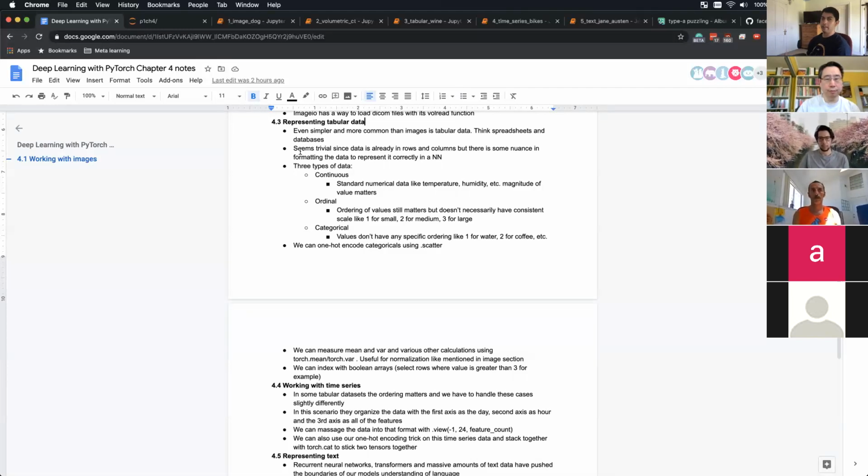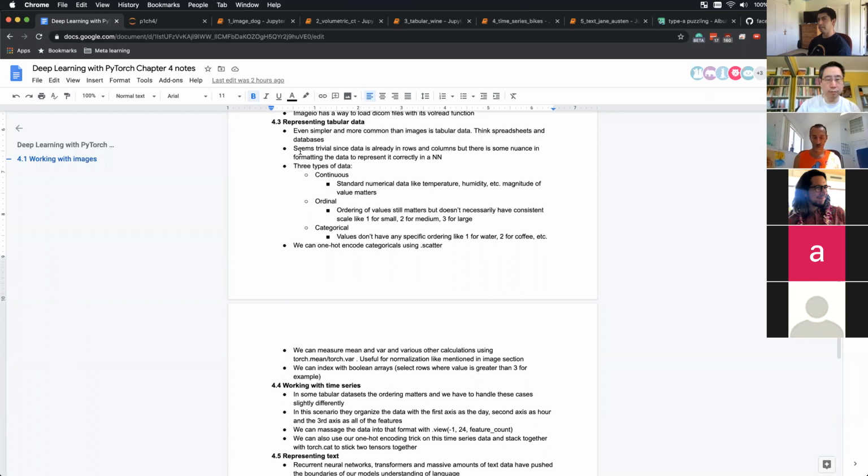And then you can have a true categorical, where these aren't on any sort of scale. They're just unrelated. The example they used was 1 for water, 2 for coffee, 3 for milk. You're not saying that water is closer to coffee than it is to milk.